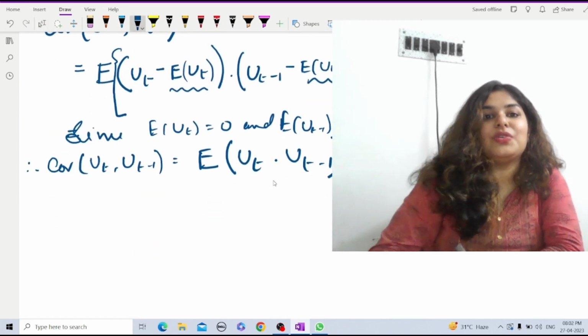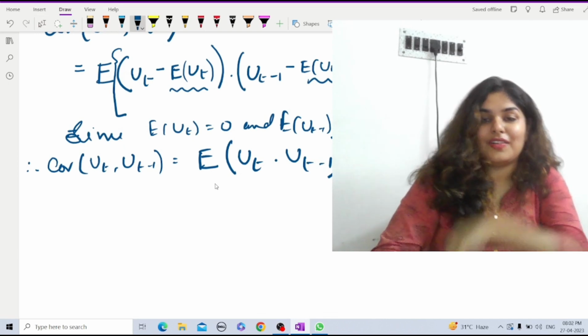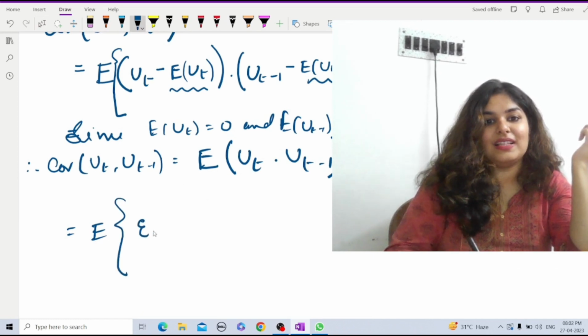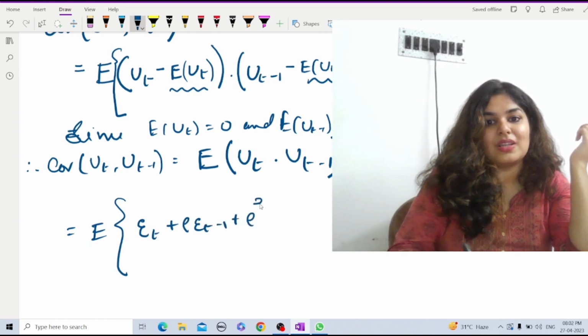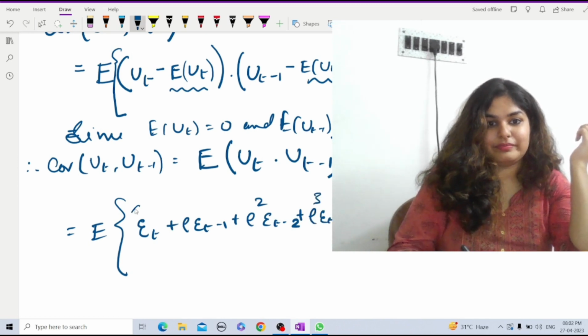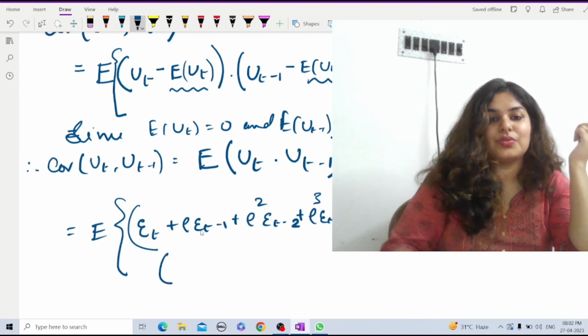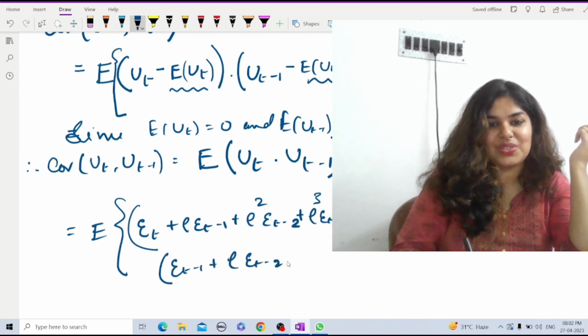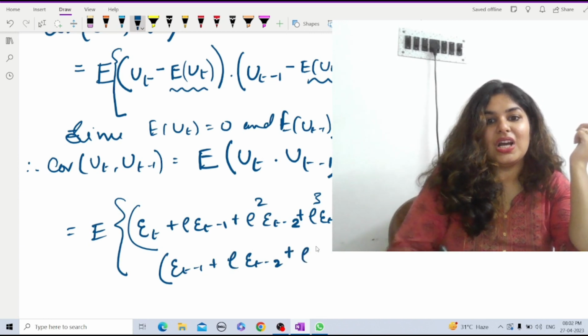Now, in place of ut and ut minus 1, we can write down the expanded formula, right? That is E of, what is ut? Ut is epsilon t plus rho epsilon t minus 1 plus rho square epsilon t minus 2 plus rho cube epsilon t minus 3 plus dot dot dot, into epsilon t minus 1 plus rho epsilon t minus 2 plus rho square epsilon t minus 3 plus dot dot dot.